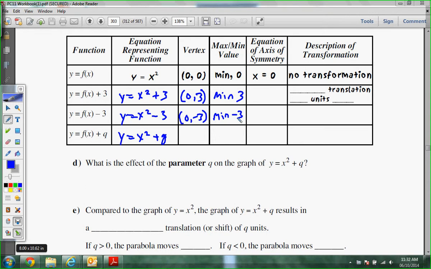And then the pattern, you can see, is just (0, q). That is your vertex. In this case, it'd be a min at q. Our axis of symmetry doesn't change because we didn't have any left and right movement. The y-axis is still our axis of symmetry in this case, which is represented as the line x equals 0.